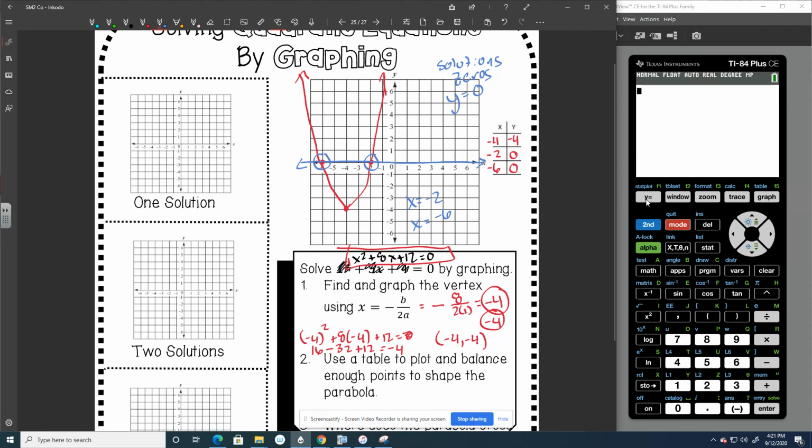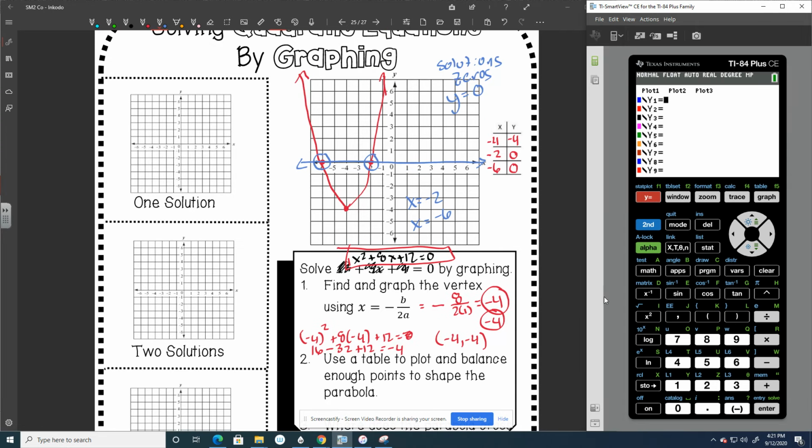Doing this on the calculator, if I were to put in that same equation, x squared plus 8x plus 12, if I were to graph that, this is what my picture looks like. Now, sometimes you can look at the picture and easily see where it crosses the x-axis.